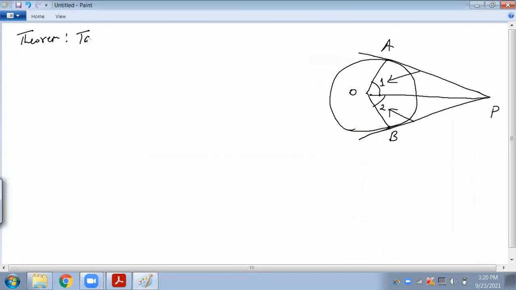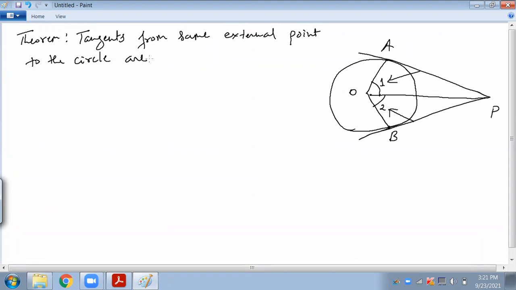That is, tangents from the same external point to the circle subtend equal angles at the center.